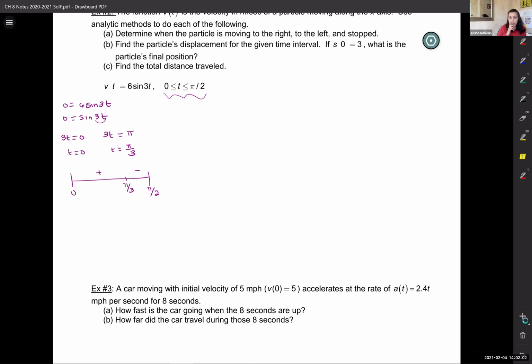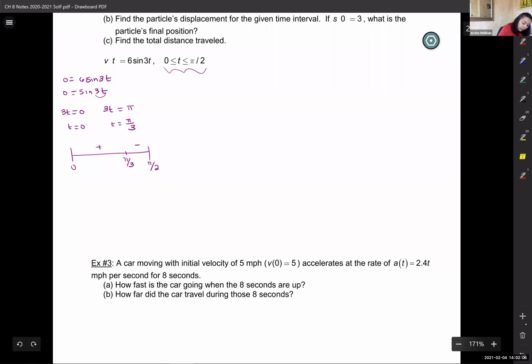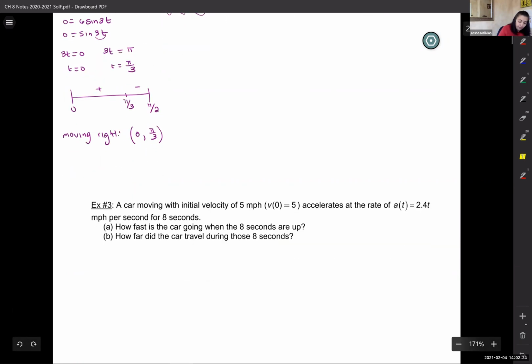All right. Questions? Okay. So now, when is the particle moving to the right? Well, it's 0 to pi over 3. But this time I can't take the 0 because that's where it stopped. And I can't take the pi over 3 either.